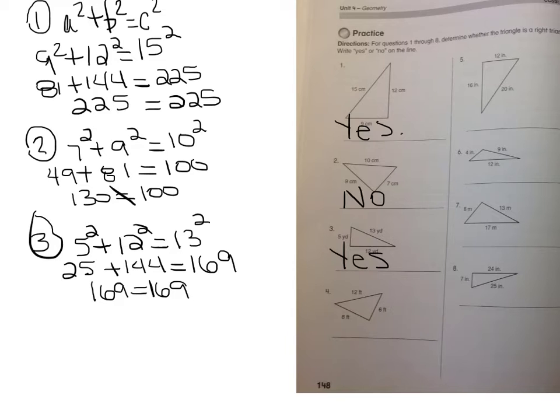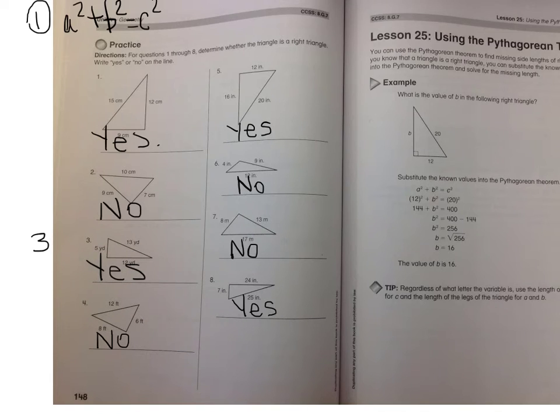If you did not get any right, you may turn to your peer buddy, which is a person that sits right next to you, and you may discuss the ones that you have questions about. If you still have questions about some, please come see me in the back as I'm working with a group in the back. Okay, this time please check your work. Make sure you have shown your work so you can get full credit.